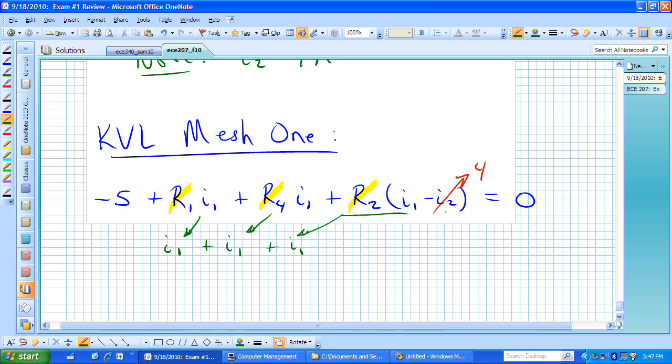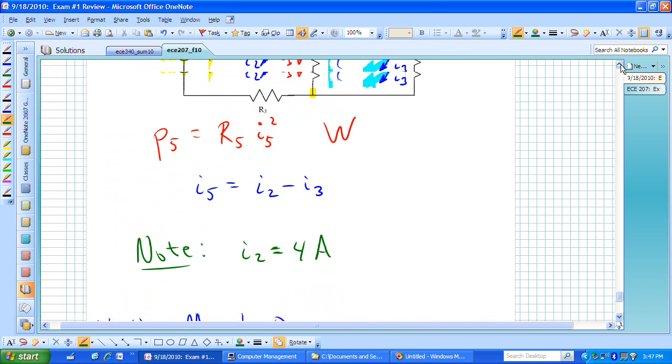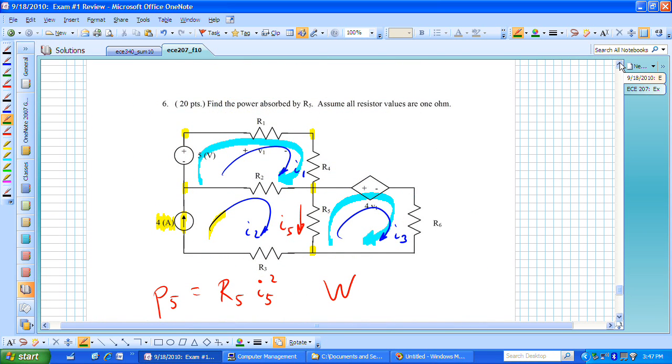I have a minus 5 and a minus 4, which if I add 9 to both sides will give me 9. I then have 3 I1 is equal to 9, or I1 is now 3 amps. There was one equation that was independent of I sub 3, and now I have two of my three unknowns. I now know that I sub 2 is 4, I sub 1 is 3.